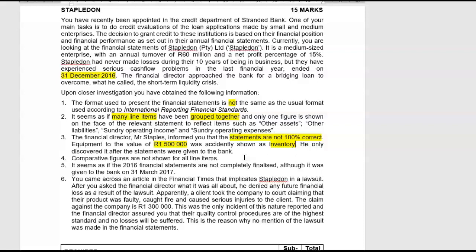If I'm going to work out my liquidity ratios, what do I take? Current assets and current liabilities. Suddenly I have a huge current asset, so it looks as if my working capital position is very favorable. Current assets less current liabilities equals working capital.